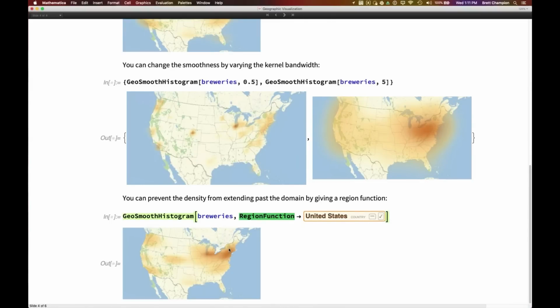In this case, it's generating the density as before, and then clipping it to the boundary of the US. So you don't get things that bleed off into the ocean where there obviously aren't any breweries in this data set. That's a very useful and very efficient way of doing that.